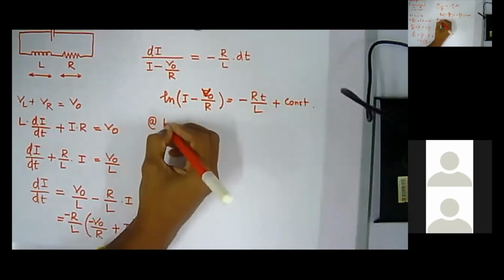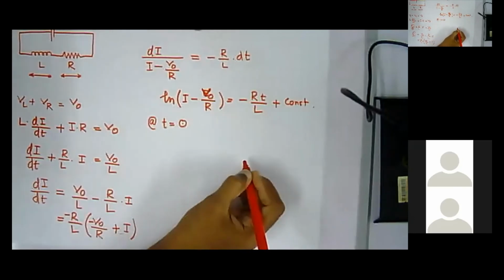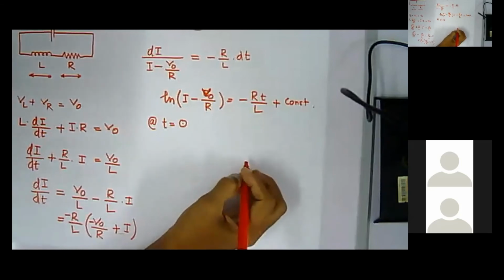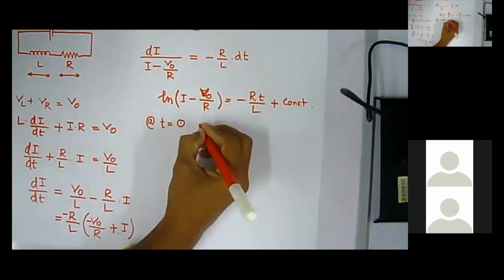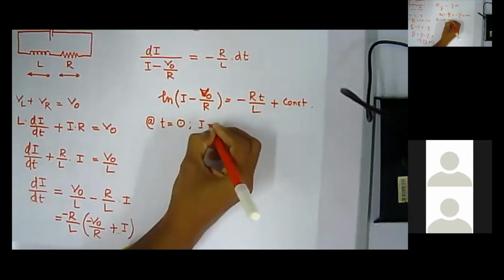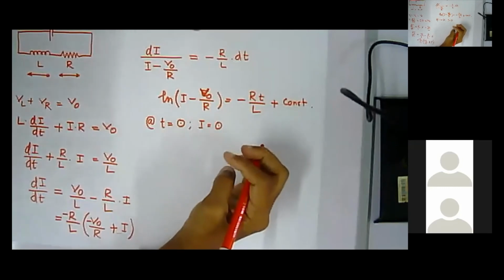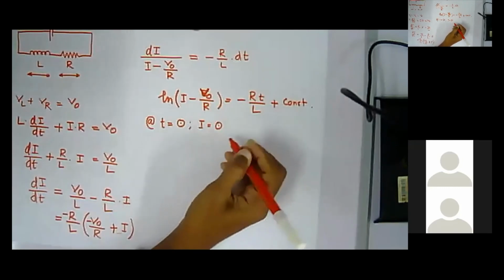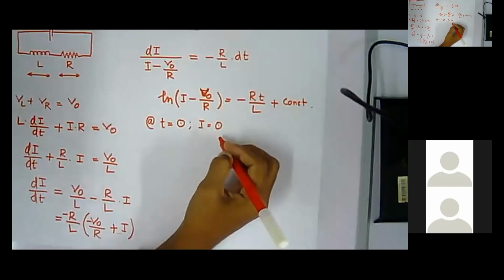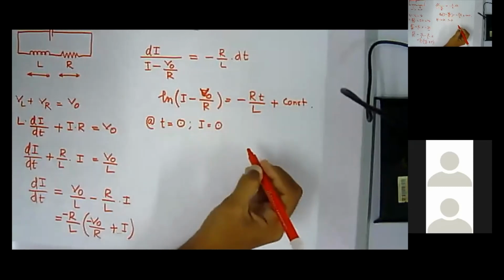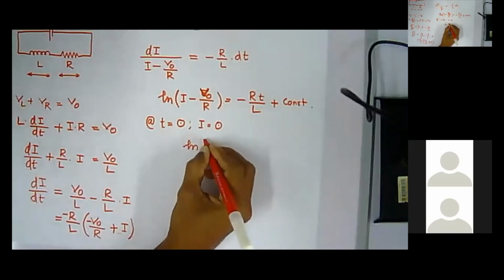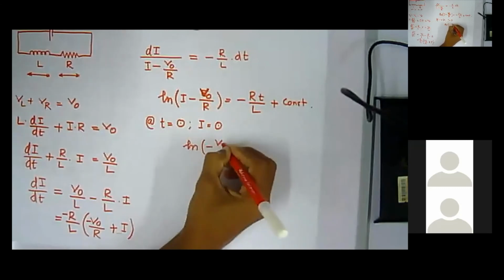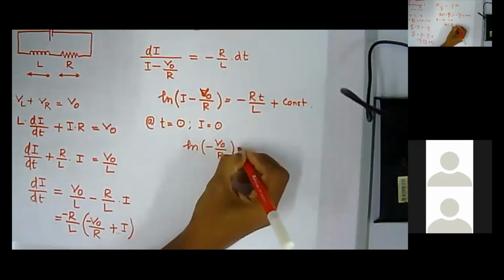At t equals 0, the current I is also equal to 0. Now substituting those here, ln of minus V naught by R is equal to the constant.